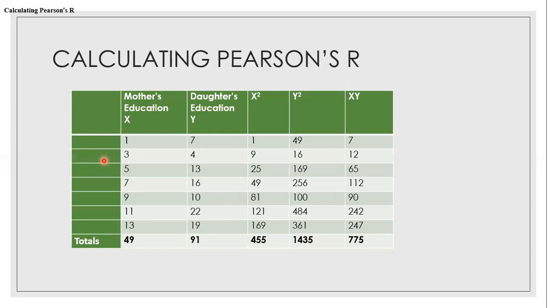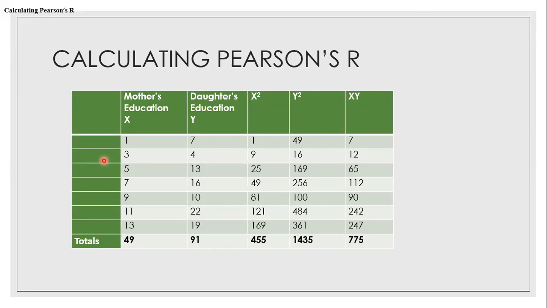Now, the first example we want to look at has two variables. We have our x variable, and as we said earlier, x represents the independent variable. So you have the mother's education as the x and the daughter's education as the y. This is looking to see whether there's a relationship, and if there is, how strong it is between the number of years of schooling a mother has and the number of years of schooling her daughter has.